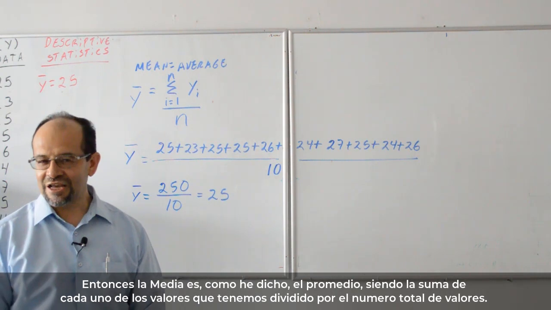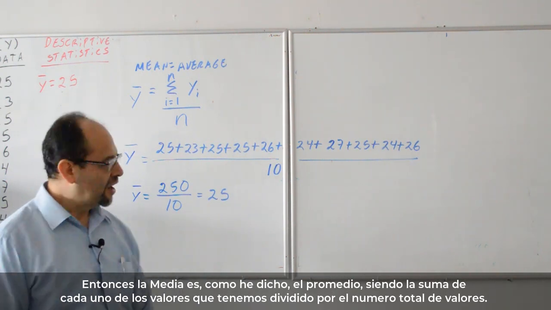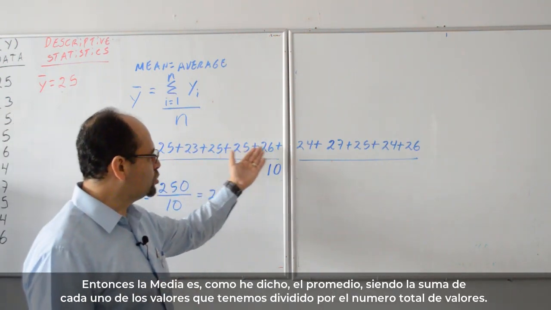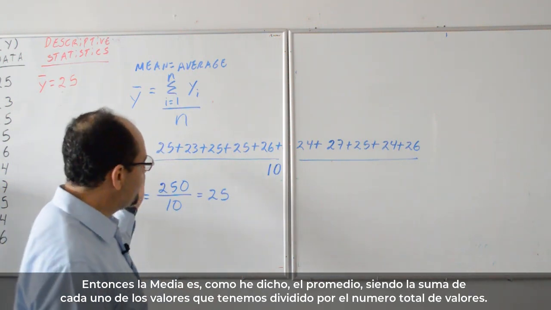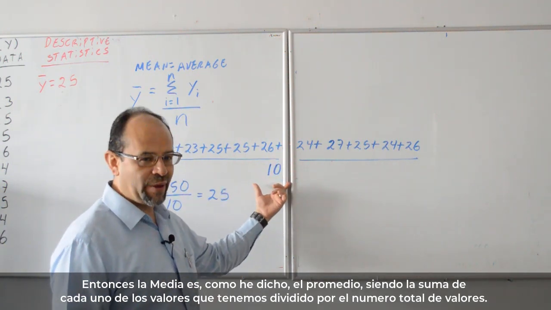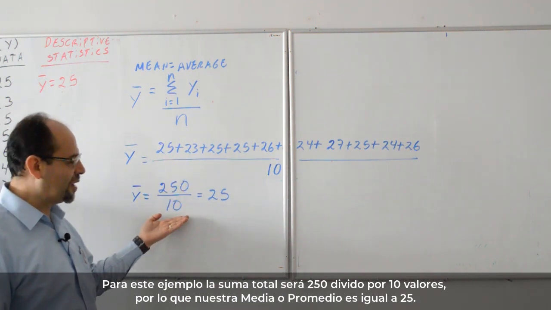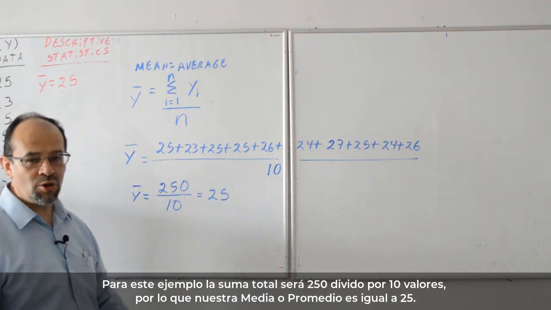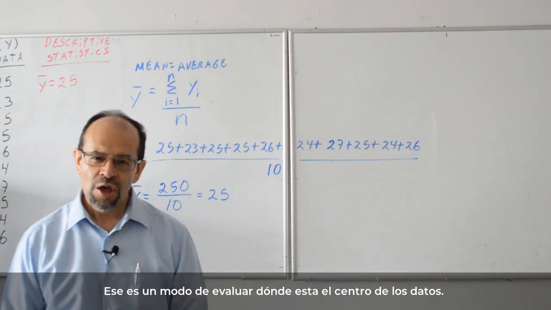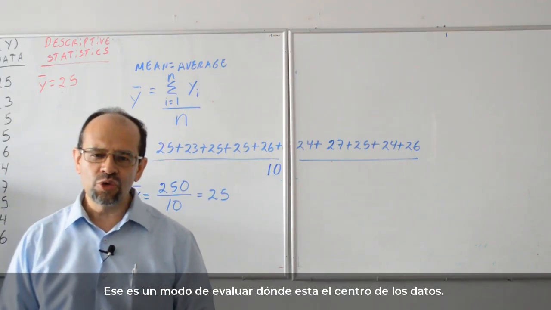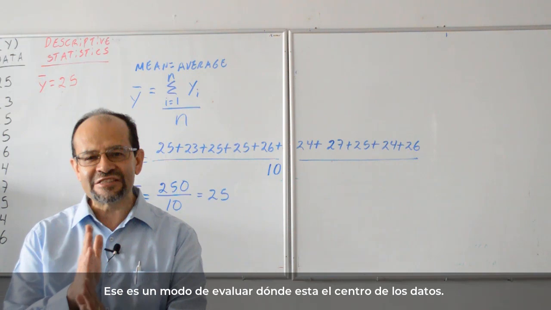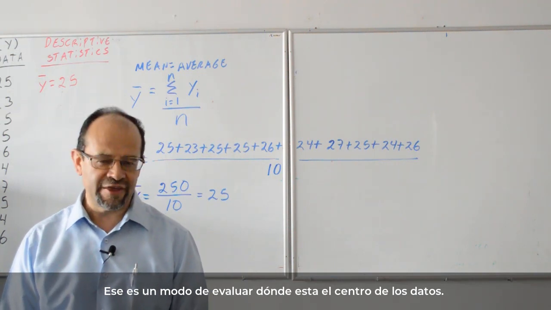Then the mean is, as I have said, the average. And here we are having the sum of each of the values divided by the total number of values. For this example, the total sum will be 250 divided by 10 values, so our mean or average is 25.